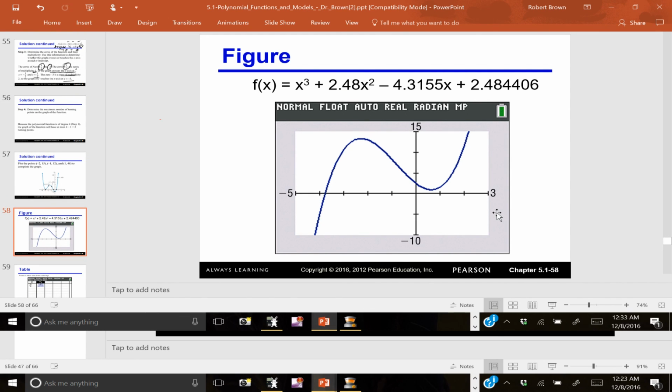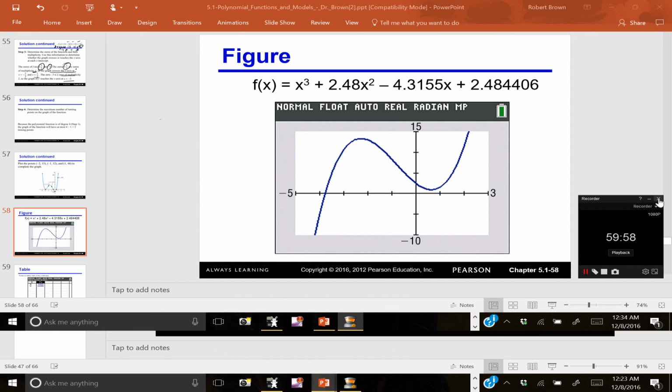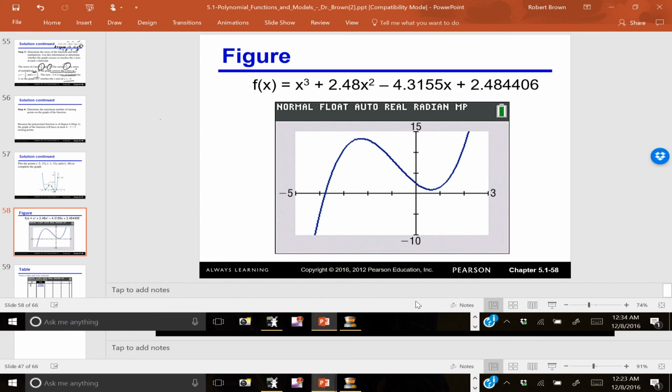Now, let's look at another function, x cubed plus 2.48x squared minus 4.3155x plus 2.484406.